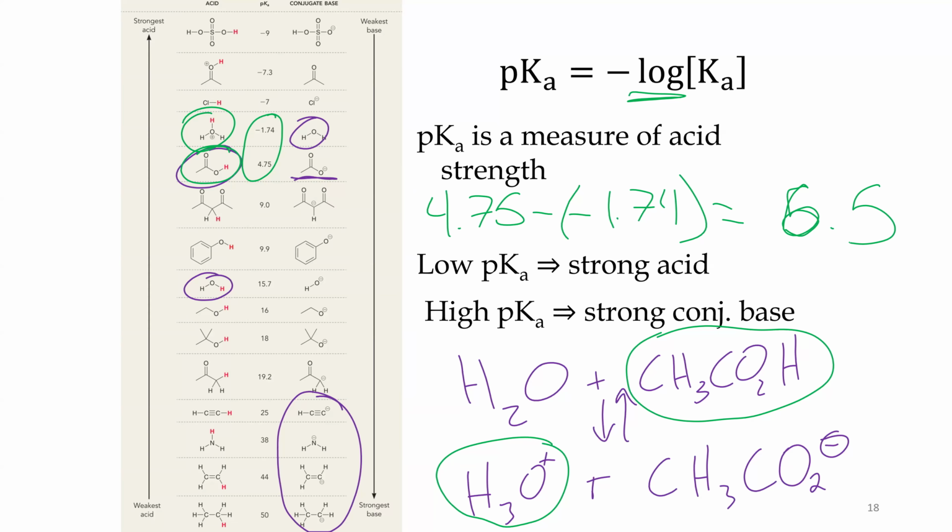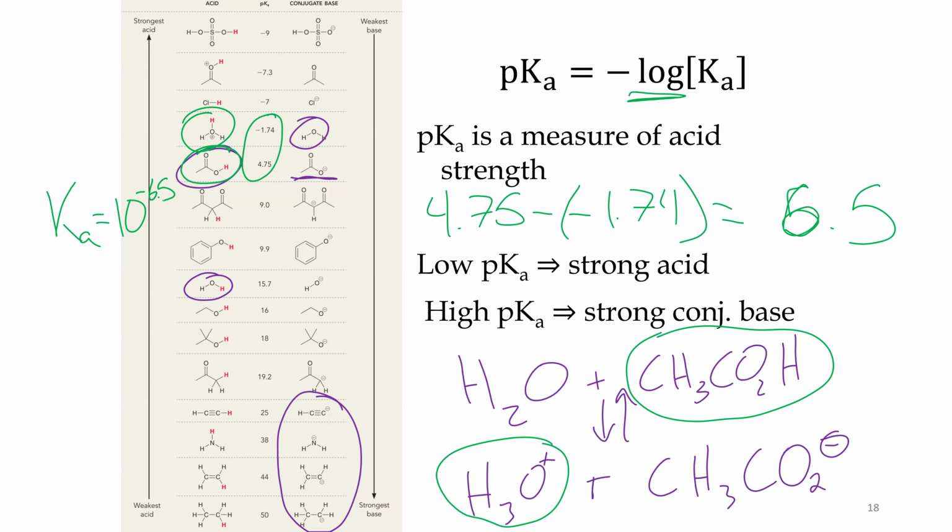The Ka for this reaction is going to be really close to 10 to the negative 6.5. Right, so we can actually use these Ka values to see roughly what is the ratio of these two states at equilibrium.